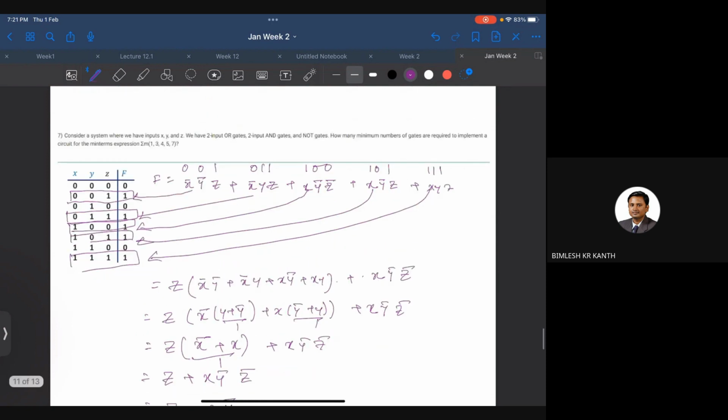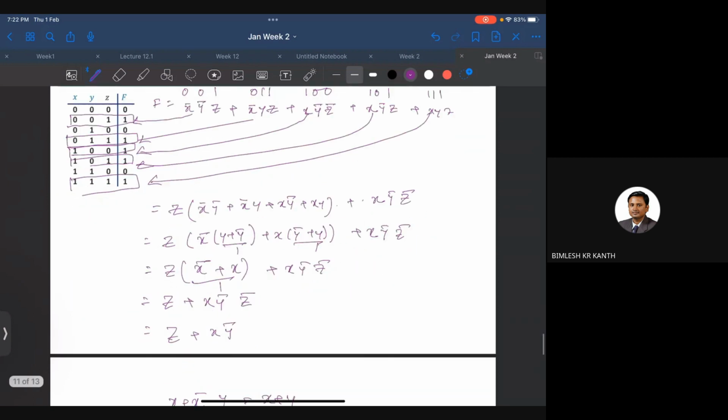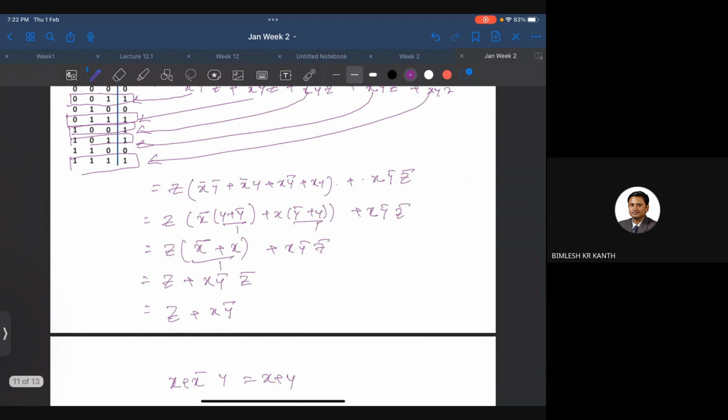So what is the number of gates required? Anyone? For NOT, it will require 1 gate, for AND it will require 1 gate, and for OR it will require 1 gate. So the total number of gates required is 3.